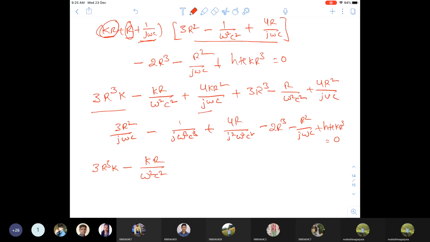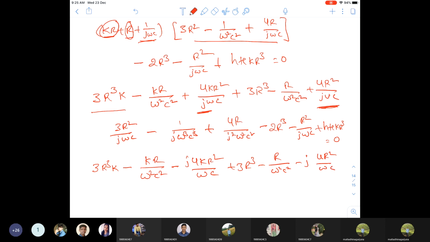Here 1 by j, I can write it as minus j, into 4k r square by omega c, plus 3r cube minus r by omega square c square, plus, here again 1 by j is nothing but minus j, 4r square by omega c.